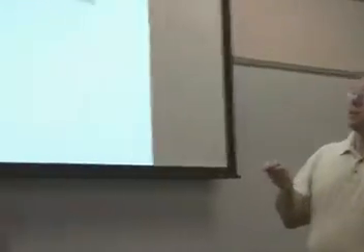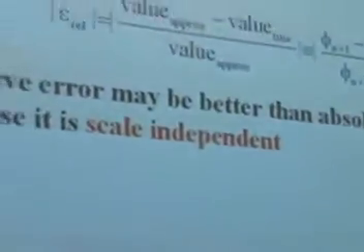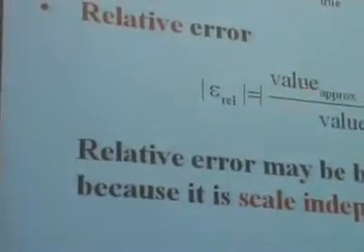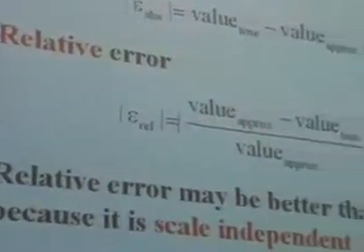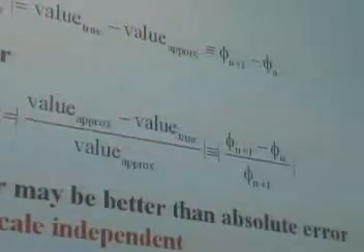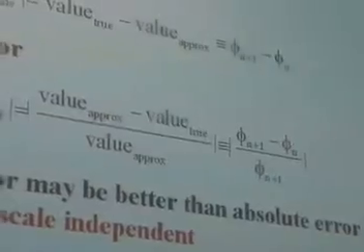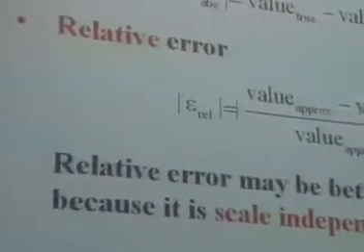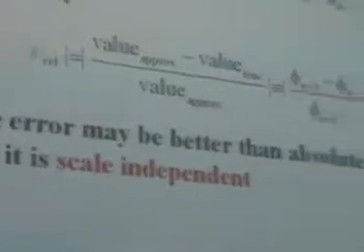If I look at relative error, you notice what we're doing here? We're dividing, so it's the approximate value minus the true value divided by the approximate value. So what we've done here is divide by the newest value, or the true value, if we wanted to do that. So this makes it relative.